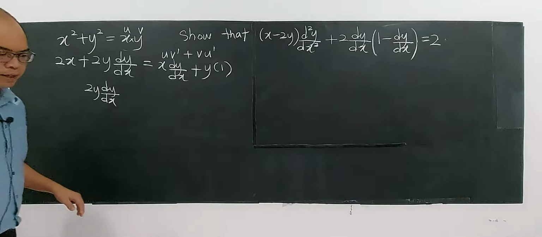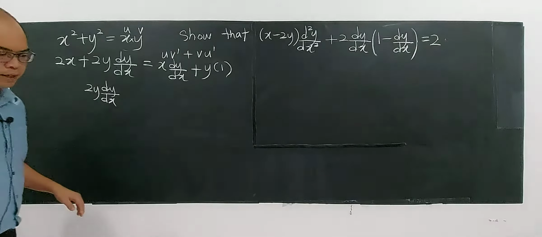This is only first order here, dy/dx. To get the second order, I have to differentiate this implicit function one more time with respect to x. Be careful about this. As you differentiate 2x, you have 2.